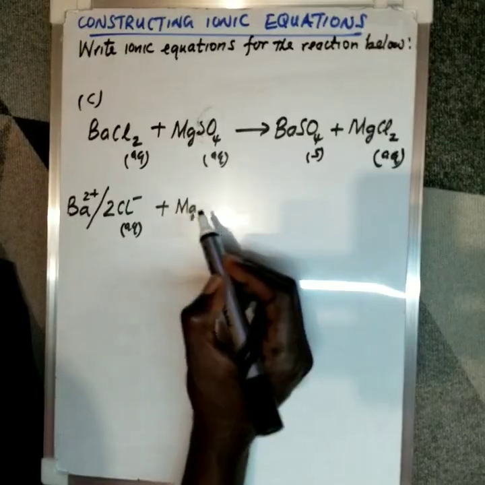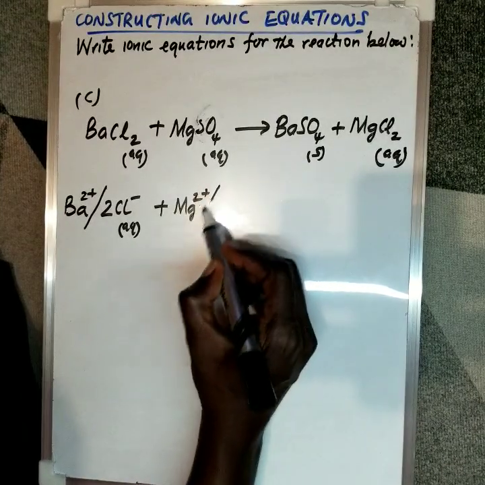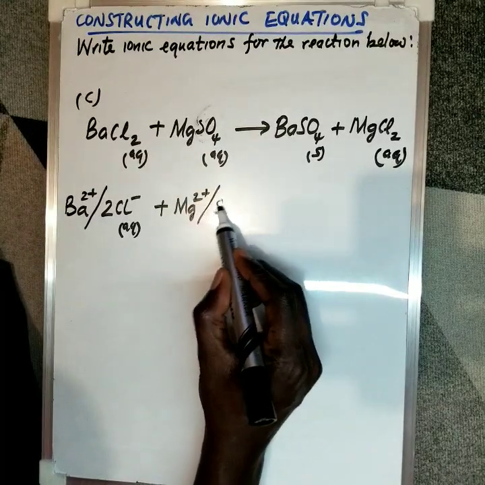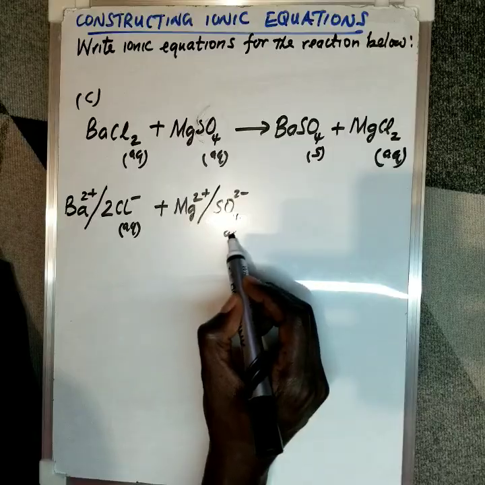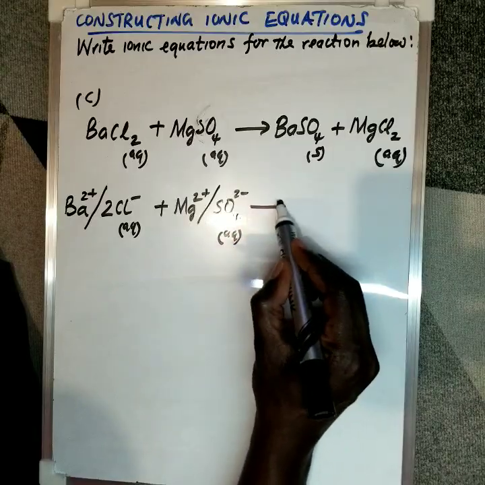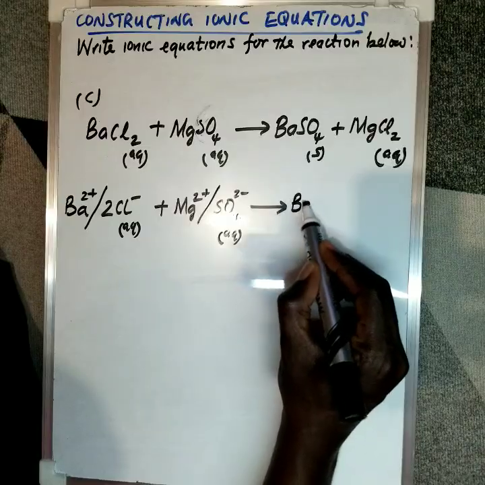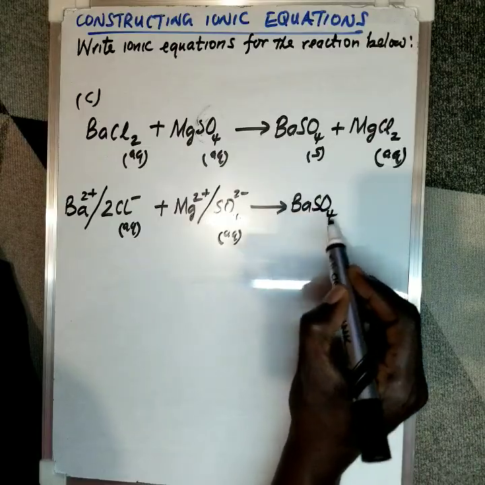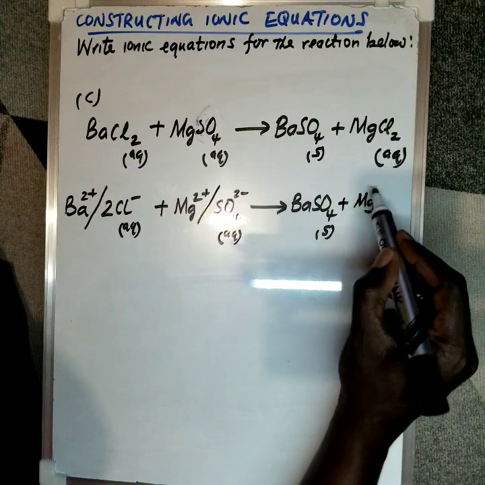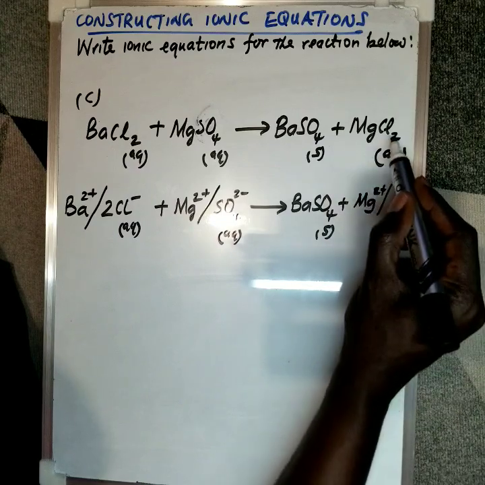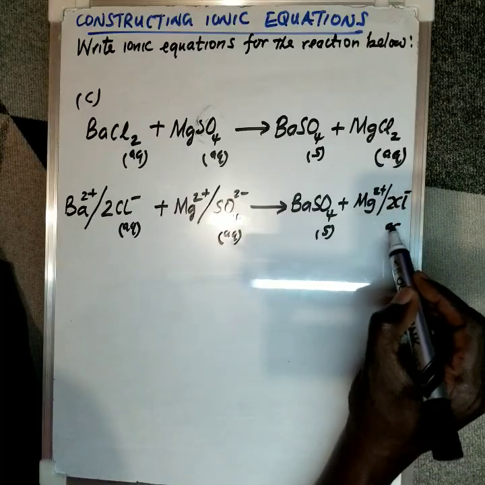Magnesium has a valence of 2 and a positive. Then sulfate is a radical, it goes together, SO4, you give it a 2 minus, and that is still in aqueous. All right, that which is in solid, we don't touch it, so we are just going to write it the way it is, barium sulfate in solid form. There I'm going to split up my magnesium, which is a 2 plus. Remember that chlorine, the 2 comes in front, 2Cl, and the negative, that is still in aqueous.